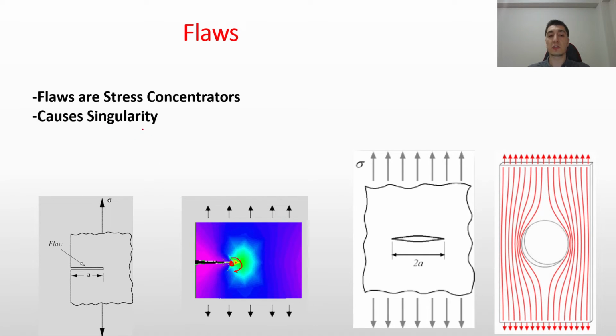This crack tip causes a singularity in the body, and that causes the stress concentration here. There's another example. This is an elliptical crack located in the body, and this is a circular one. As you know, the stress field is changed according to this hole and the circular hole. So that area will be a stress concentration area in that case, as you can see here.